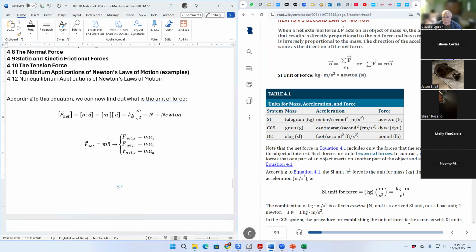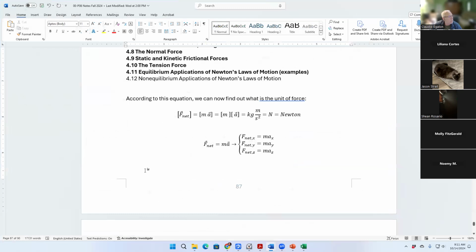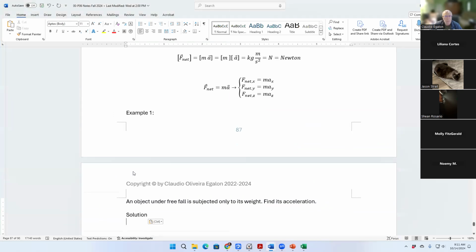And now we can come up with a very simple problem. Okay, here we go. Example 1. An object is under free fall. Under free fall, it is subject only to its weight. Find its acceleration.